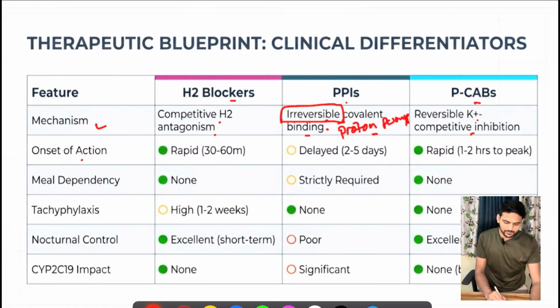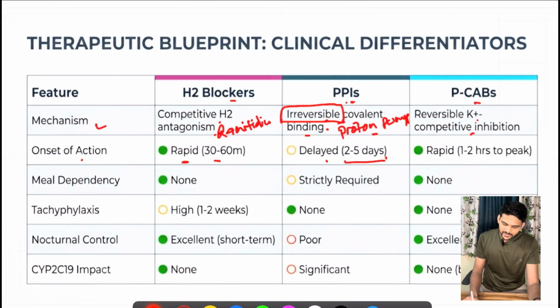Coming to the onset of action, H2 blockers, for example ranitidine, have rapid onset of action. Once taken, they start their action within 30 to 60 minutes. Whereas the classical proton pump inhibitors have a slightly delayed onset of action. They require 2 to 5 days for the onset of their proper action.